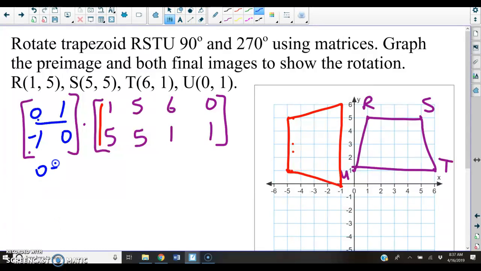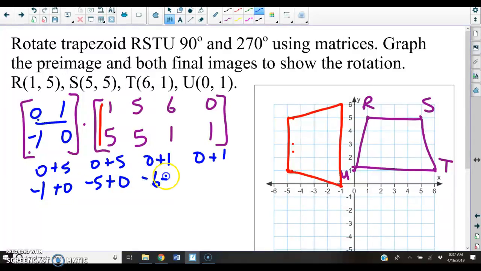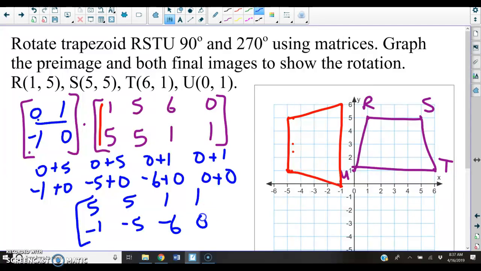Okay, 0 plus 5, 0 plus 5, 0 plus 1, 0 plus 1. Okay, then the next one is going to be -1 plus 0, -5 plus 0, -6 plus 0, 0 plus 0. So it turns out to be 5, 5, 1, 1, -1, -5, -6, 0.